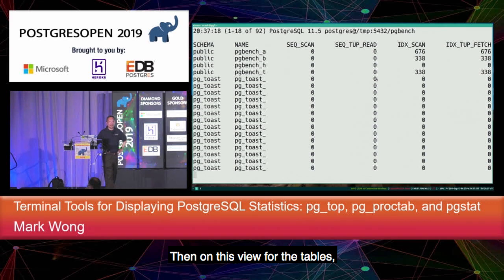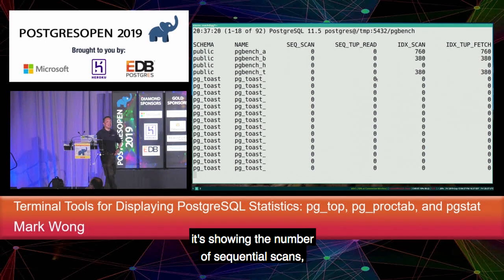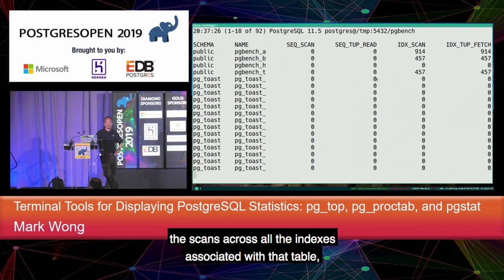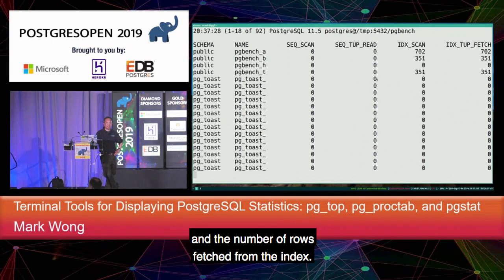Then on this view for the tables, it's showing the number of sequential scans, the number of rows read, the scans across all the indexes associated with that table, and the number of rows fetched from the index.